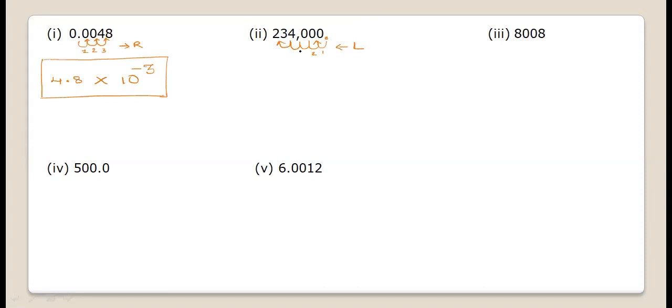You need to move the decimal point 5 places towards the left hand side. As a result, the number will become 2.34 in the digit term range. Zeros are not required to be written as all are zeros, so no need to mention such zeros. Then the exponent term of 10: as it is towards the left hand side, the sign is plus, and how many places have you moved? It is 5. Hence it is 2.34 into 10 to the power of plus 5.